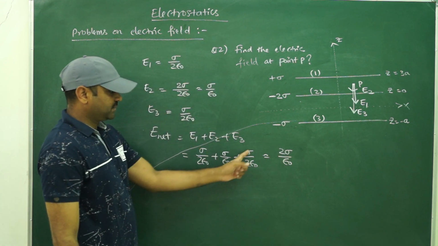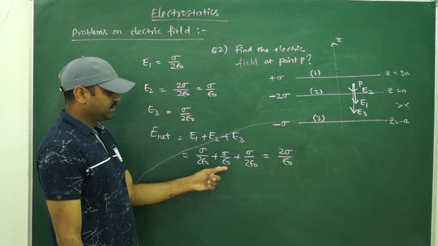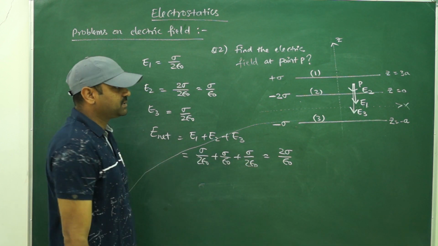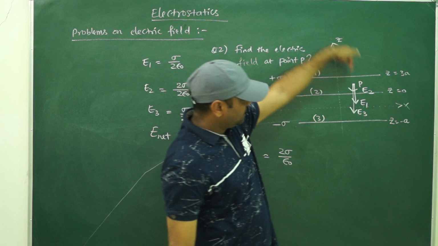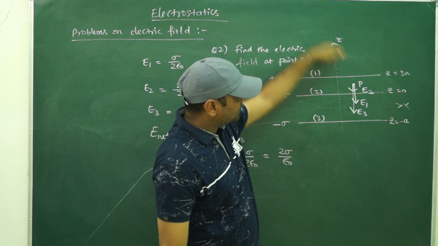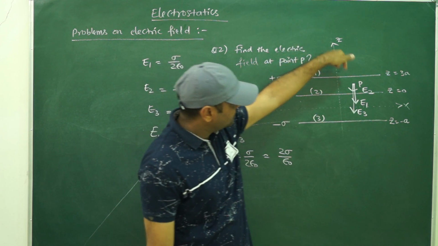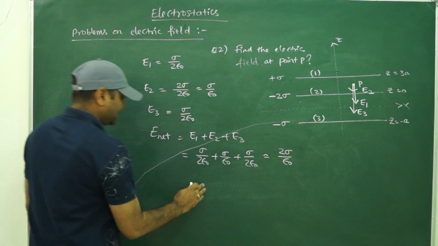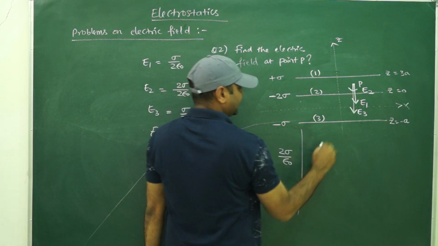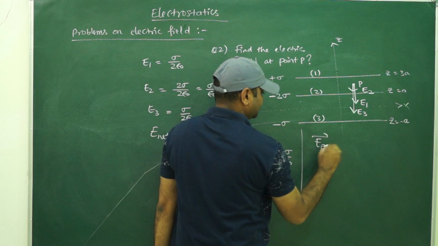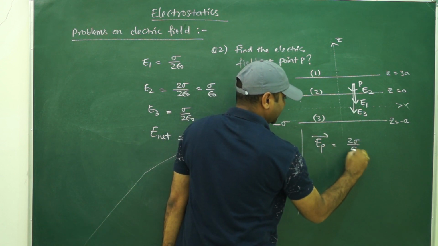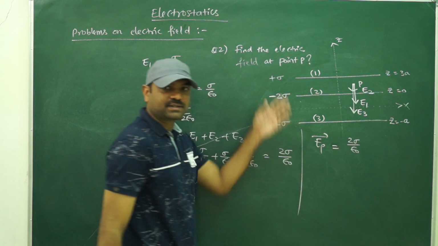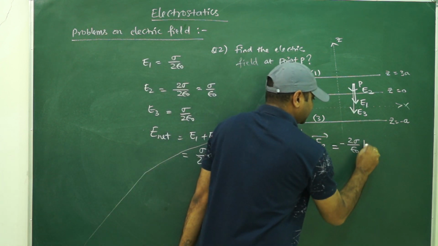These two terms make sigma by epsilon naught, plus sigma by epsilon naught, you will get 2 sigma by epsilon naught, which is in the downward direction, means negative z axis. This is the positive z, so this will be the negative z axis. Then I can write down ultimately the field at point P as a vector, magnitude 2 sigma by epsilon naught. As it is the negative z axis, I have to write down minus k cap.